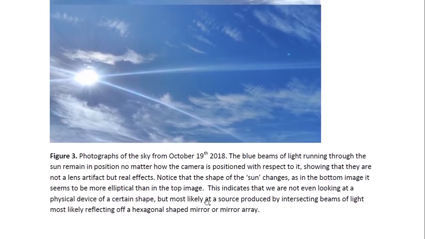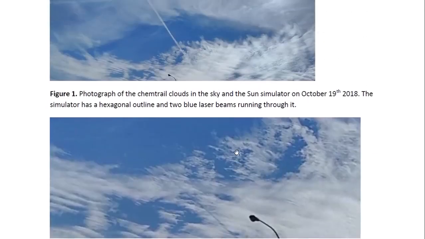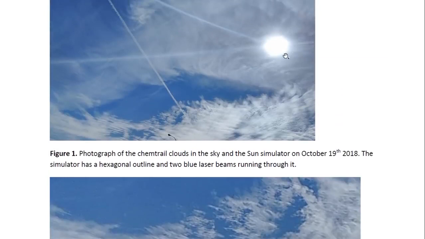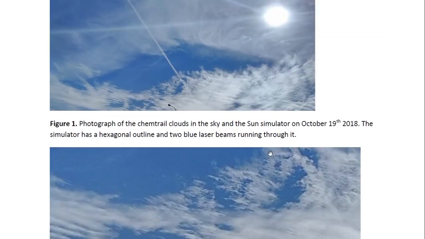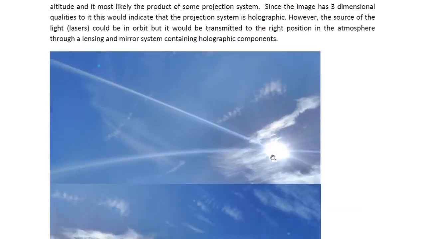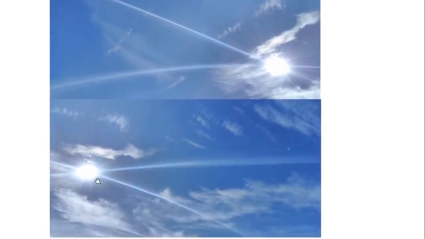So this indicates that we are not even looking at a physical device of a certain shape, but most likely at a source produced by intersecting beams of light, most likely reflecting off a hexagonal shaped mirror or mirror array. You can see that the sun did not look as flattened there as it does here, and even more there.